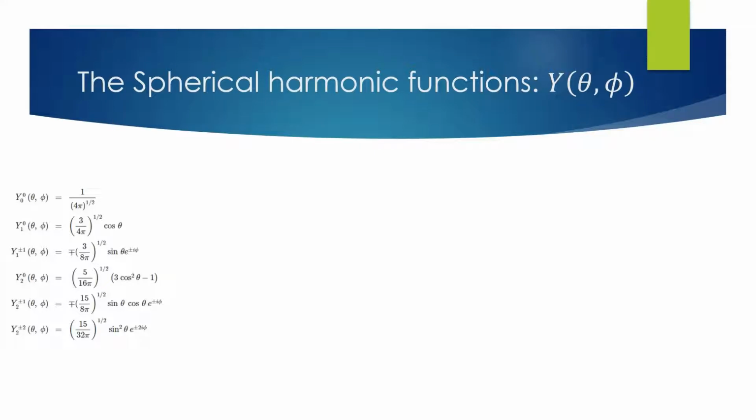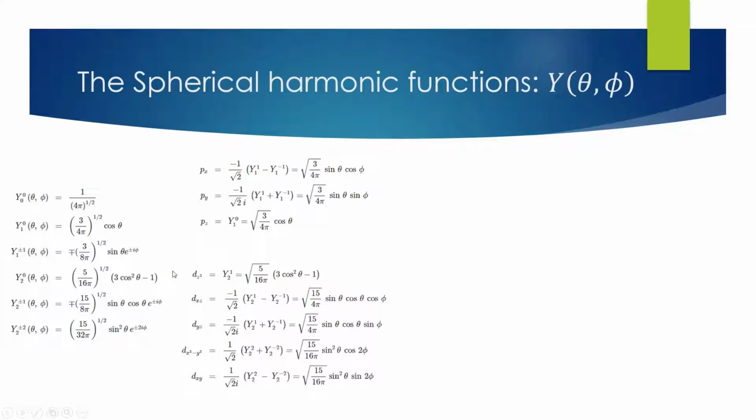And you can see that if M sub L is non-zero, so if it's positive or negative 1, we have imaginary exponentials here. So we have imaginary functions. Now that can be problematic for us as we're trying to imagine what these imaginary functions are. And so the way that we get around that is by taking linear combinations of these imaginary functions. And we'll see how that happens here.